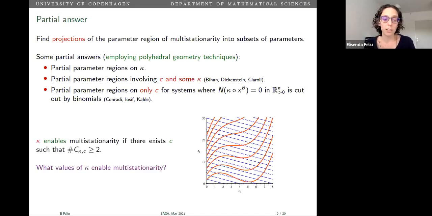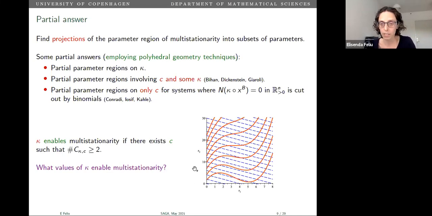And to this end, I introduce a nomenclature: I say kappa enables multistationarity if I can find a C such that this holds. That is, kappa is in the projection of the parameter region of multistationarity to the kappas. And therefore, the new question is, how can I find the kappas that enable multistationarity?